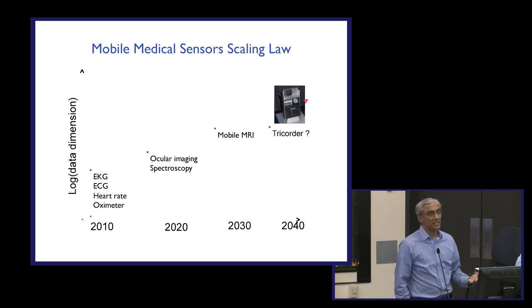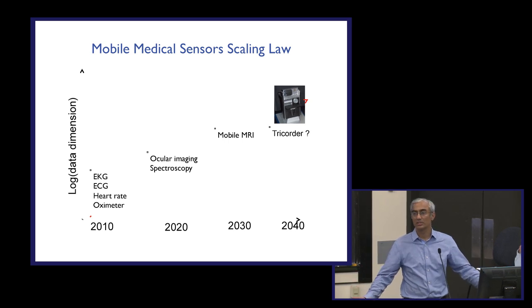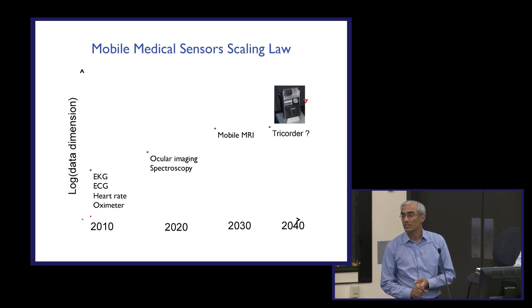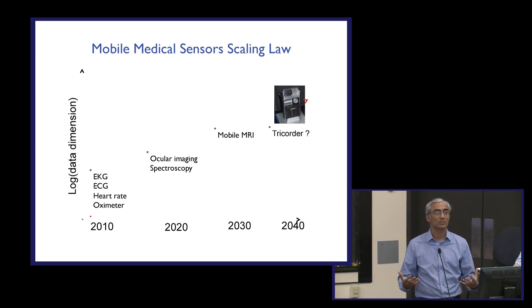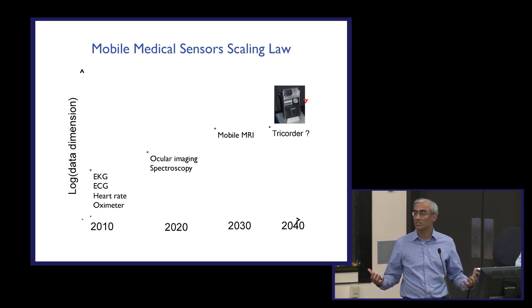In a sense, we need something like that, where we ask that every year the number of dimensions you can measure of the human body, whether it's structural information or functional information, should double. Arbitrary number, but why not? Turns out that the basic reason why we play games is an invitation for unnecessary challenges, right? So for engineers, this is like a game. I'm going to double how many dimensions I can get off your body, whether anybody needs it or not, who cares? We should do it.